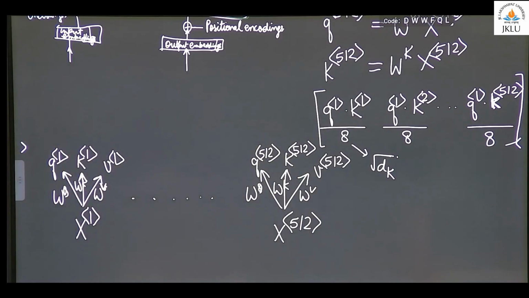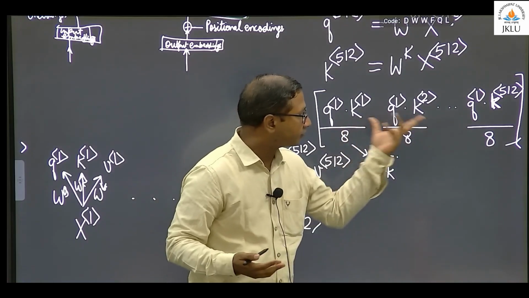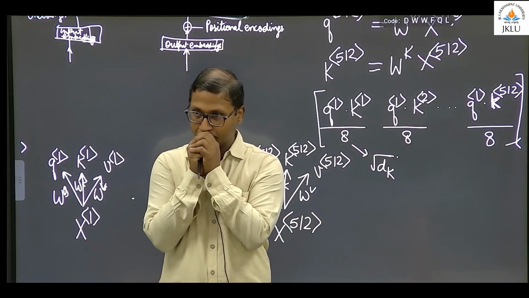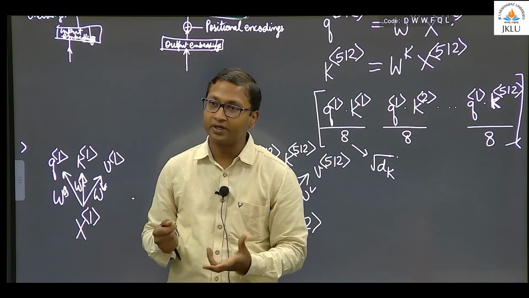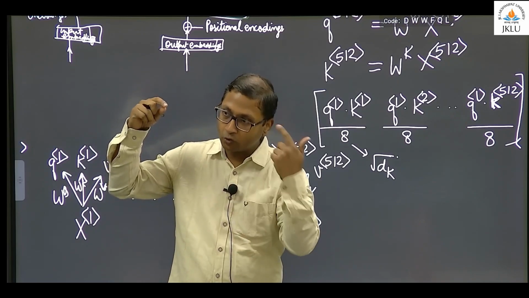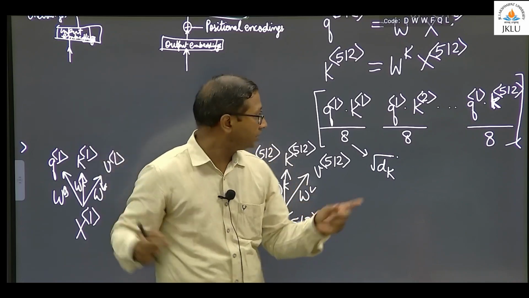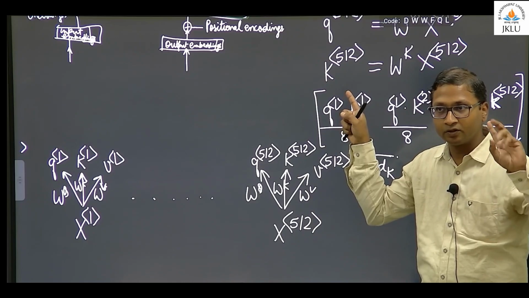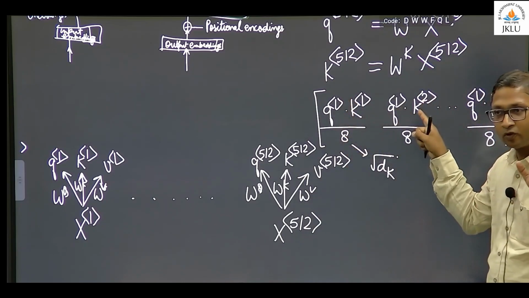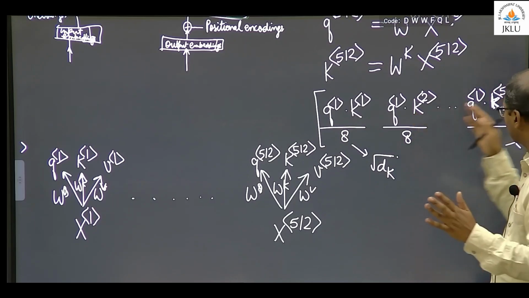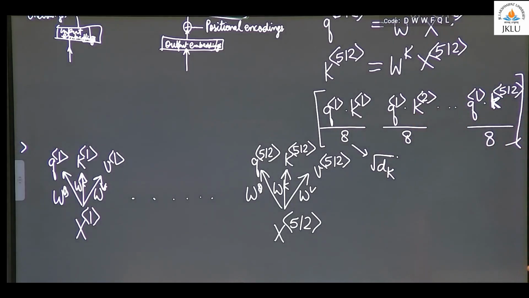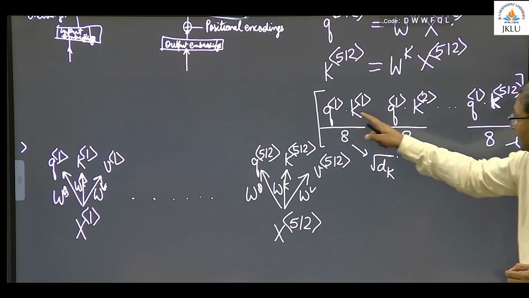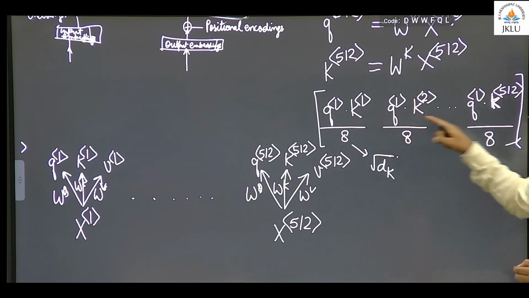What is V? What is the dimension of V? How many V's do I have? As many as Q's and K's I have, right? So this part will be the coefficient of V1, this part the coefficient of V2 and so on. So you have a vector of V1 all the way to V512, and each gets multiplied with its coefficient.